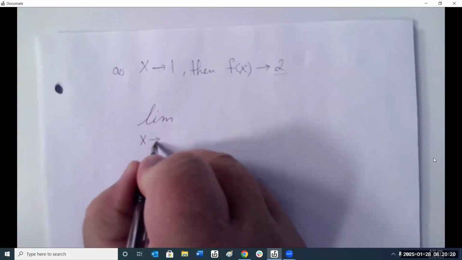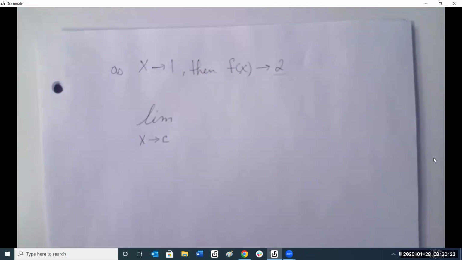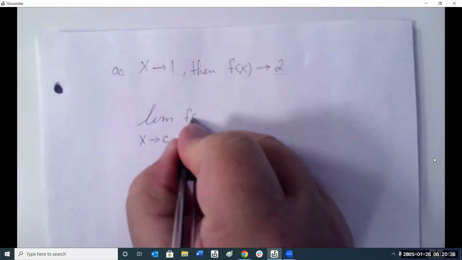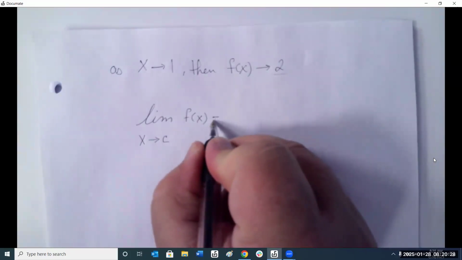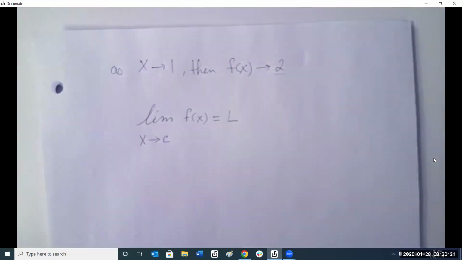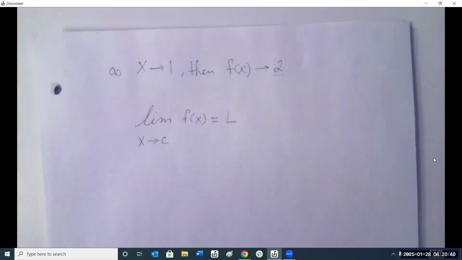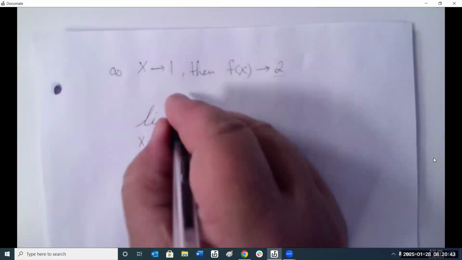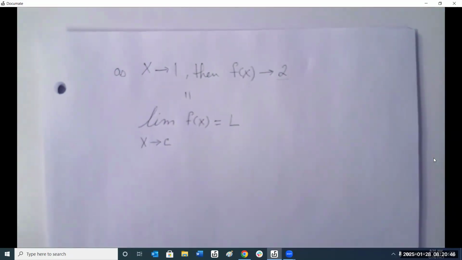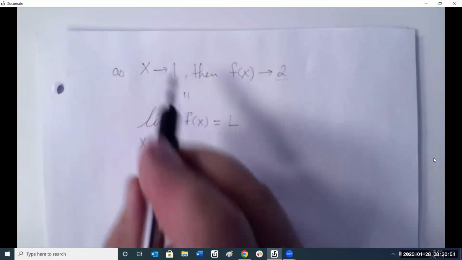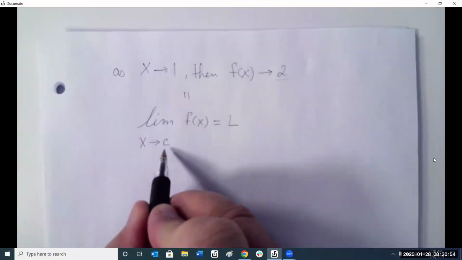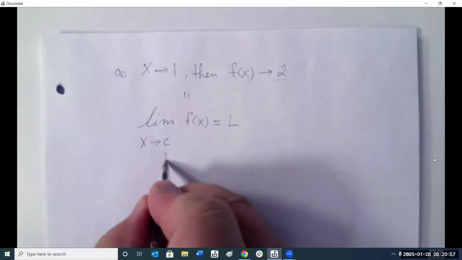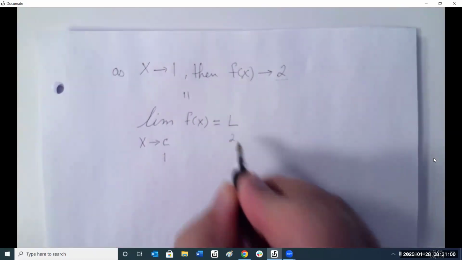As x approaches some value c, the function f of x equals some value L, the limit. So these two represent the same thing. In our expression here, what would be the value of c? 1, and my limit value would be 2.